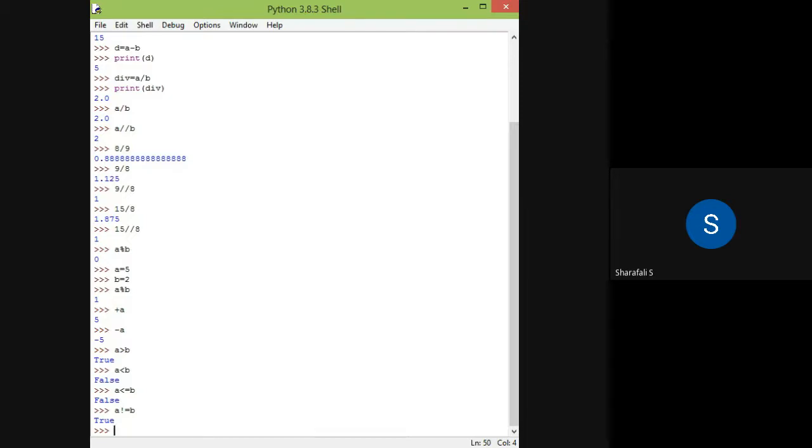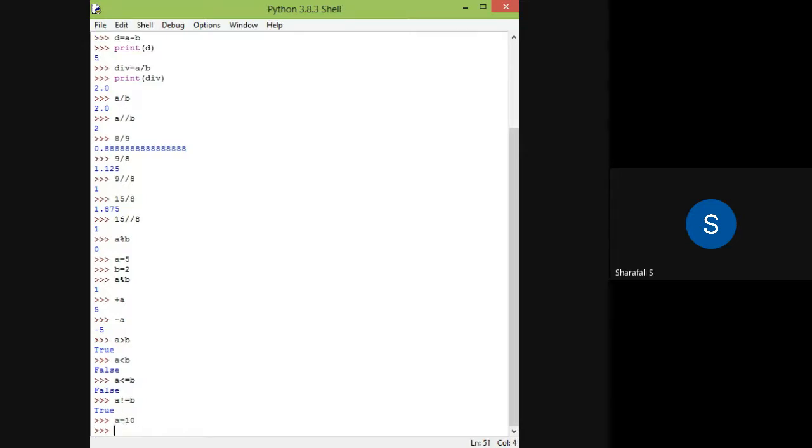And then we are having the next one, which is binary operations. For example, bit operation I will consider here. So let us consider again A equal to 10 and B equal to 4. Remember that A equal to 10 represents binary value 1010, and B equal to 4 represents binary value 0100.